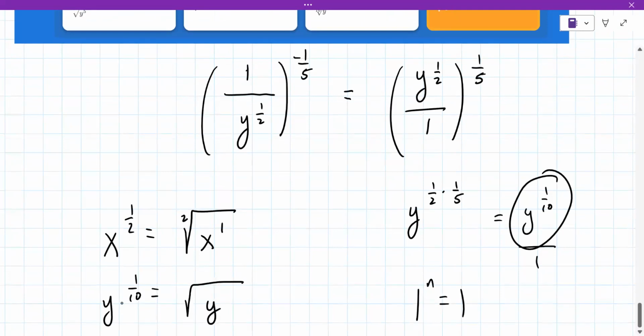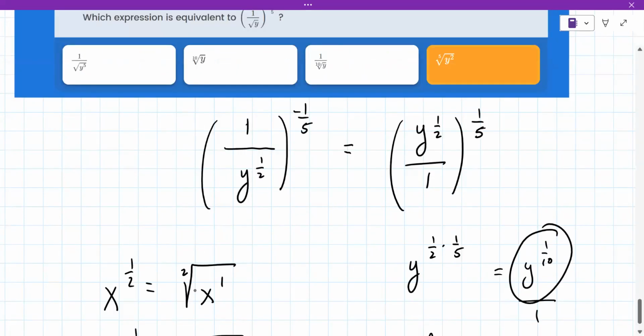If you look at the previous problem, would the 10 go in this kind of position called the index, or above the y? Basically just look at where the 2 is. Where's the 2? And say, okay, the 10 is going to be in the same position. Okay, so basically it's going to be the 10 square root of y to the power of 1. Yes, and it would be called the 10th root. The index is 10, but that's a small thing, so it is this one here.